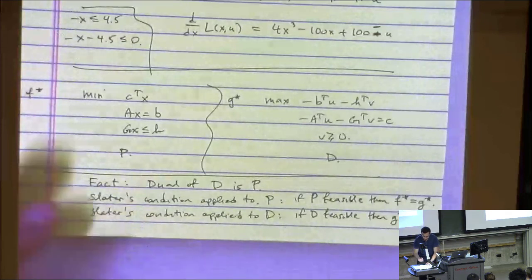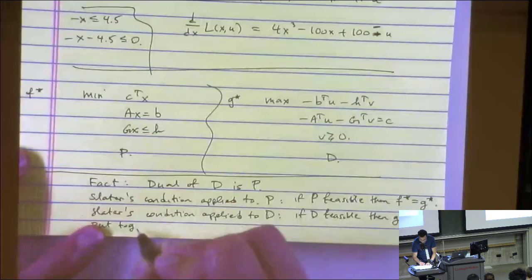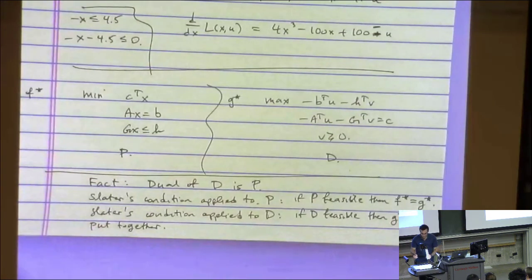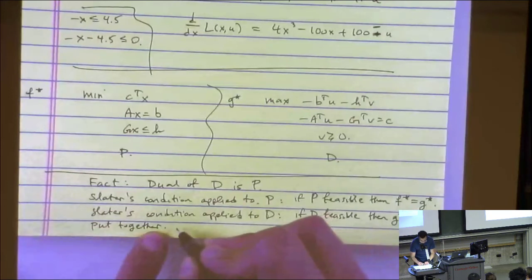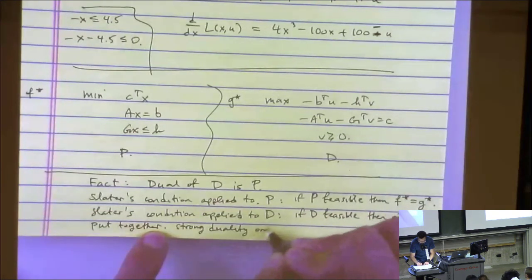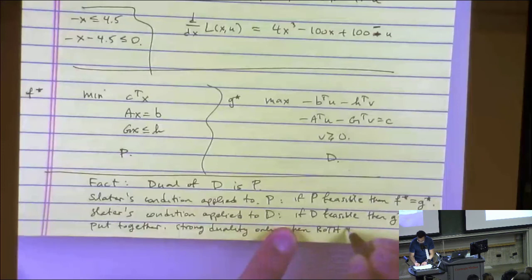So put together, we get strong duality in linear programs. And strong duality fails only when both the primal and the dual are infeasible.